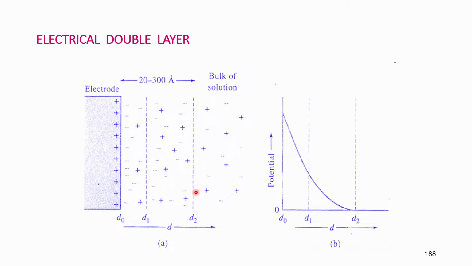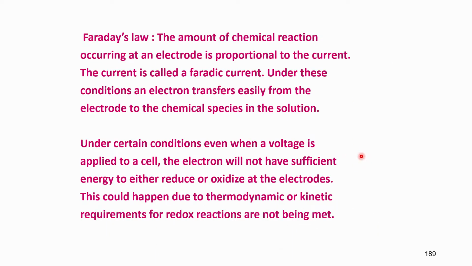So, when I draw the potential curve from the metal surface up to 20 angstroms and up to 300 angstroms, in this region it is decreasing linearly, and in this region it is decreasing exponentially. So, that is the electrical double layer for you.